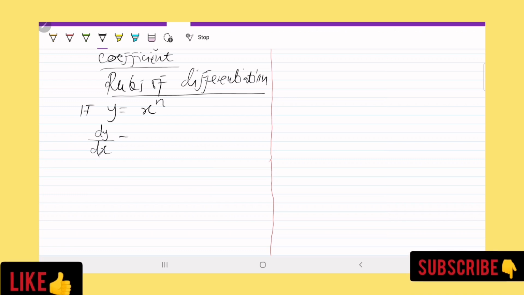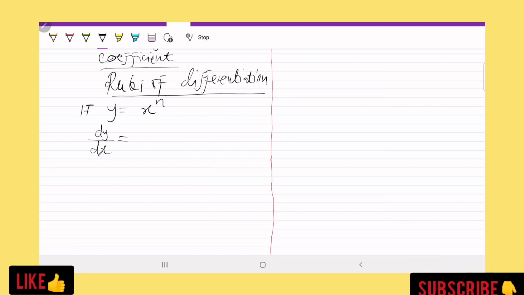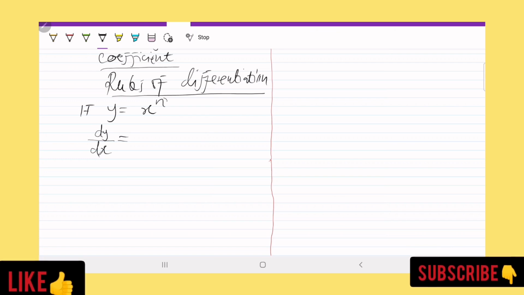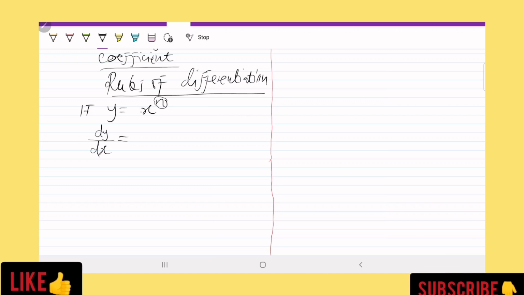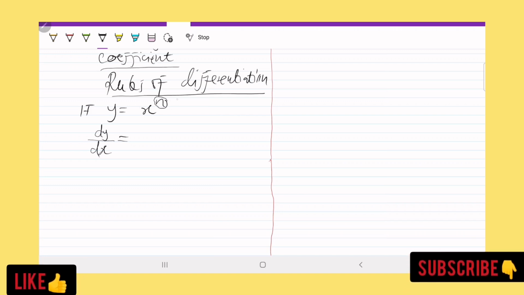But when you want to differentiate x to the power of n, the rule is that you multiply by the exponent n, and then you subtract 1 from the exponent.